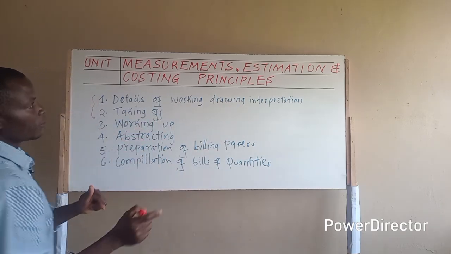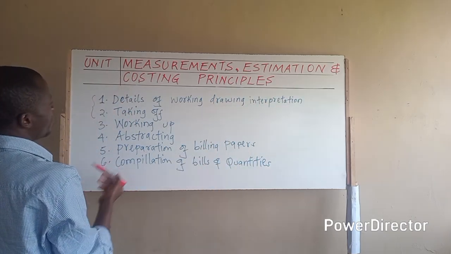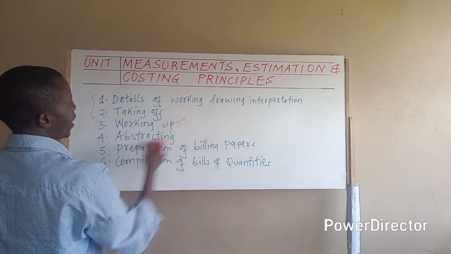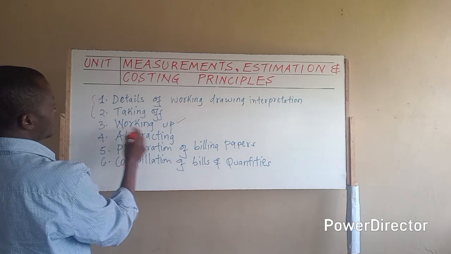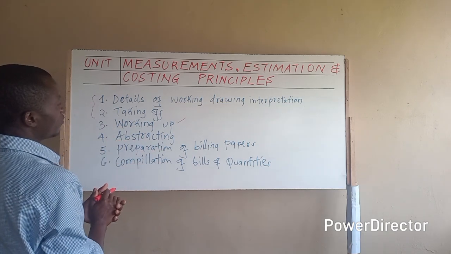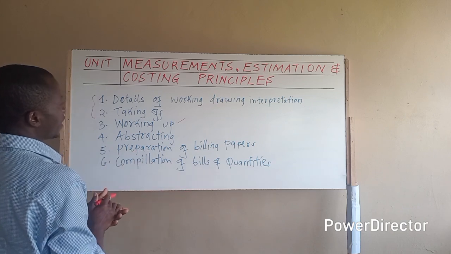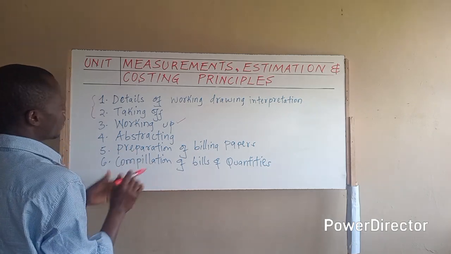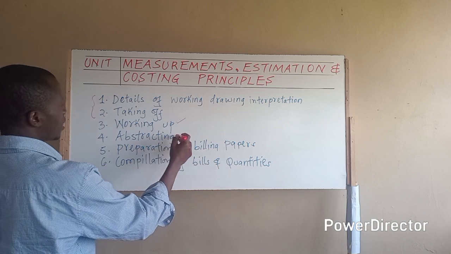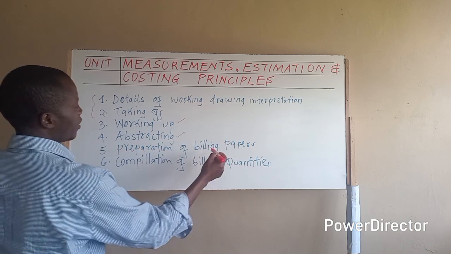Now subscribe for this second part, estimation and costing principles, whereby we are going to do the working up. Now at these stages we are going to use the squaring column by multiplying the areas, by multiplying the volumes and getting the actual volumes. And then from there, we are going to do the abstracting. And then from there, we're going to prepare the billing papers.